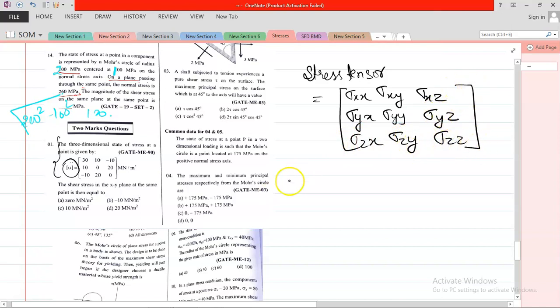Wherever both subscripts are the same, that is called the normal stress, and where they are different, that is called the shear stress.